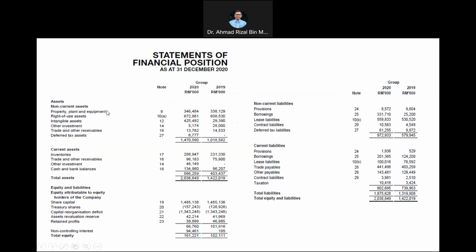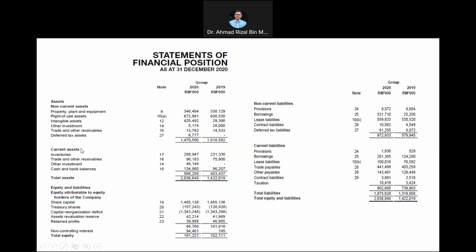Property, plant and equipment or PPE, right of use assets, because 7-Eleven functions as a franchise. They have intangibles. We're going to explain later what intangible assets are. Other investments, trade and other receivables. These are receivables when you sell on credit.